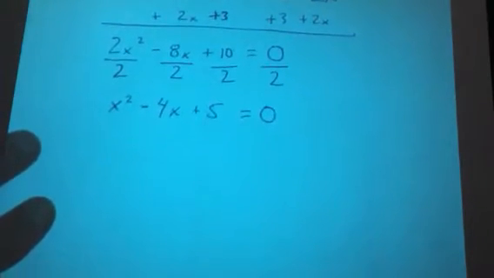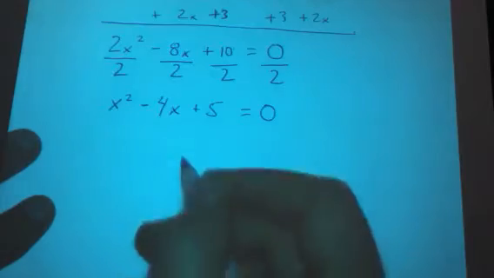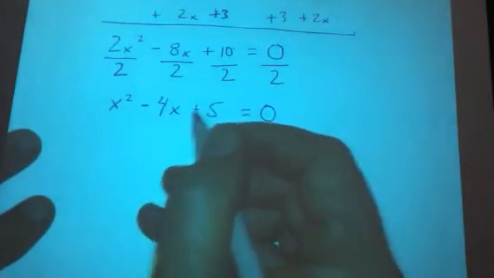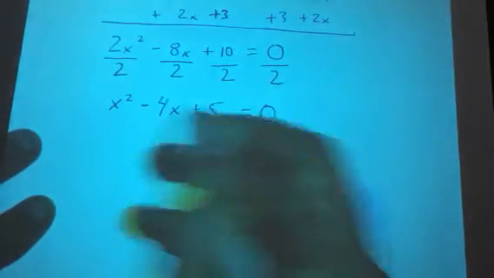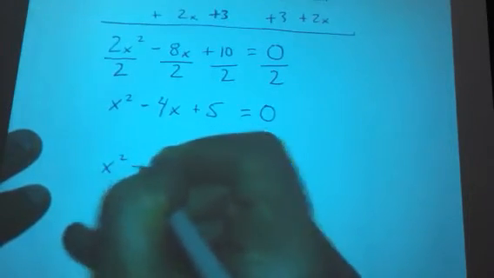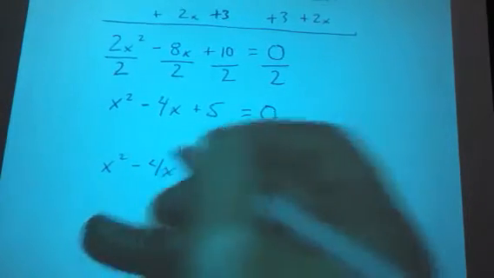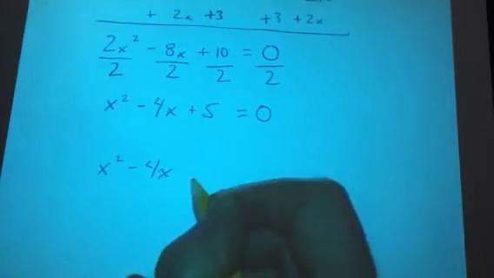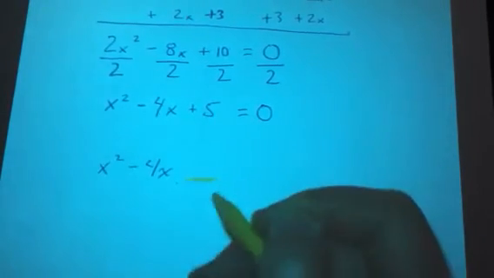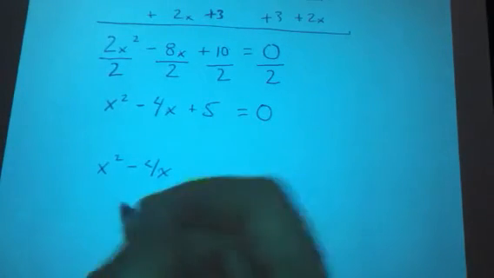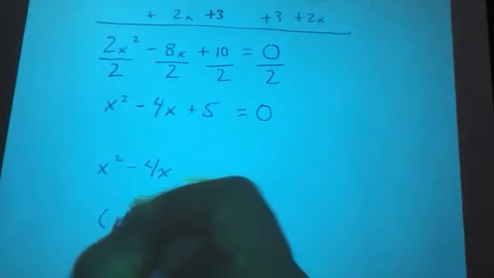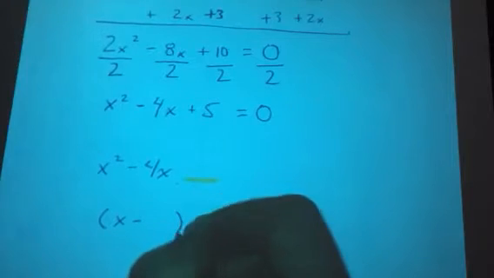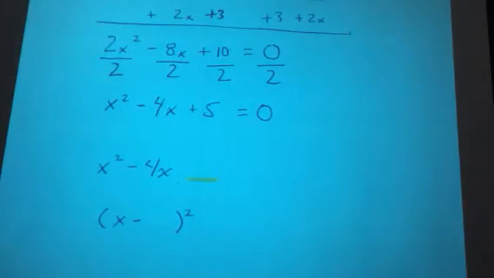Now what we would like to do in order to complete the square, we would like to blank out this term so that we have x squared minus 4x and then plus some other number that is not 5 in order to get x minus something squared down here.